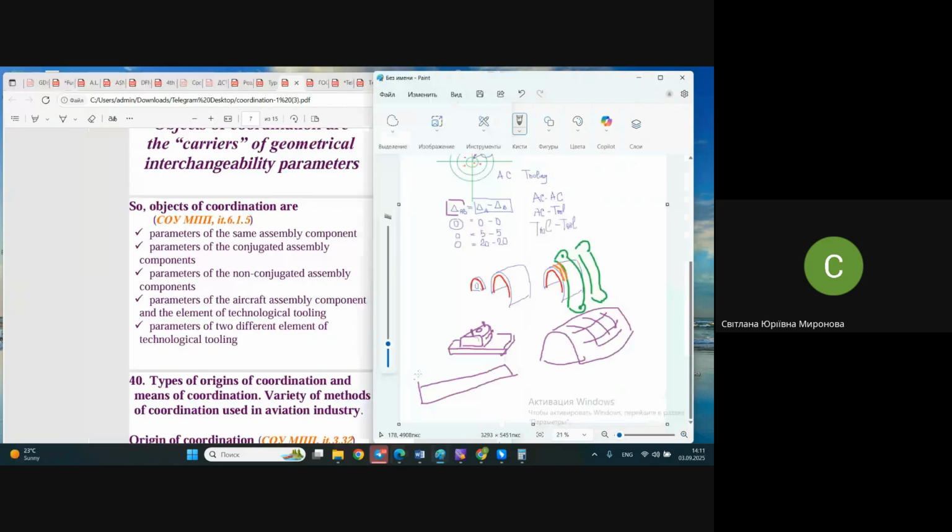in order that we may assemble the airplane, and to provide interchangeability in operating, because from time to time it's necessary to change something in the airplane, to make some repair. On the other hand, you do remember what I explained.